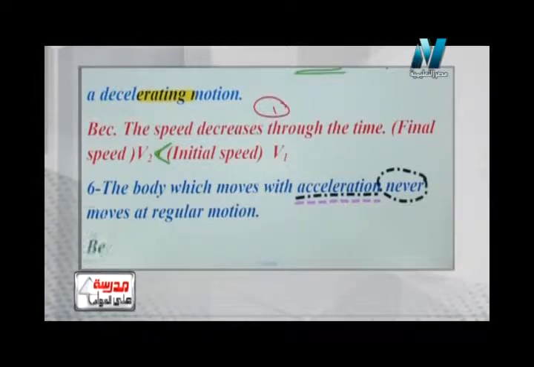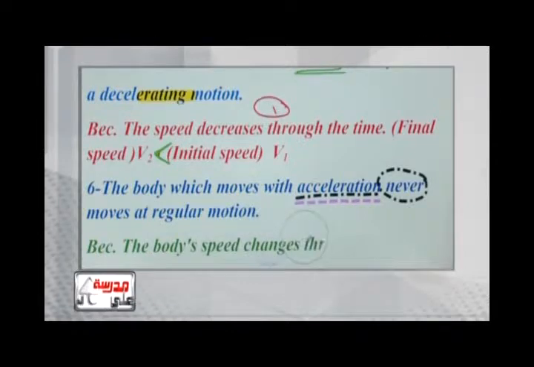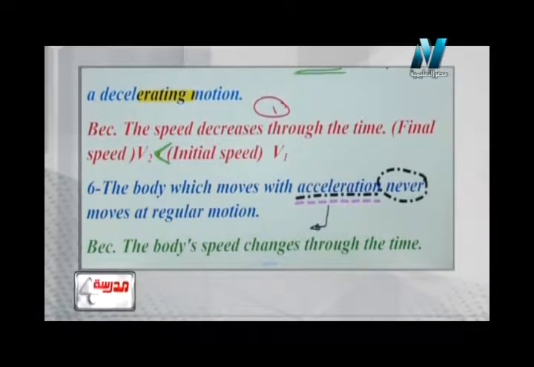I say because the body's speed changes through time unit or through the time, meaning the speed changes. Acceleration here means the speed decreases or increases. That's why I said the speed changes through time or through time unit. Okay. Next one.